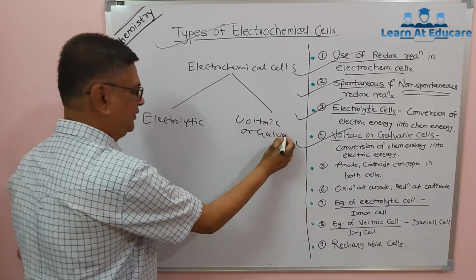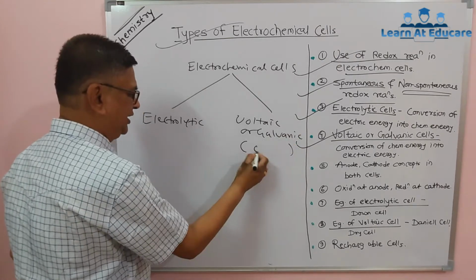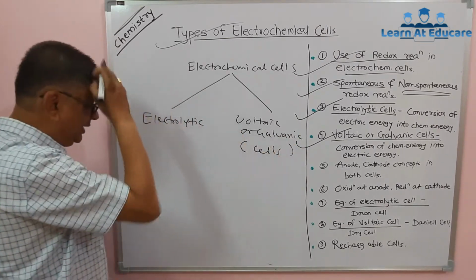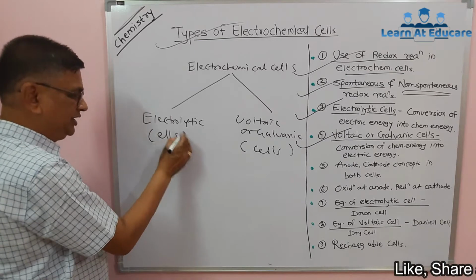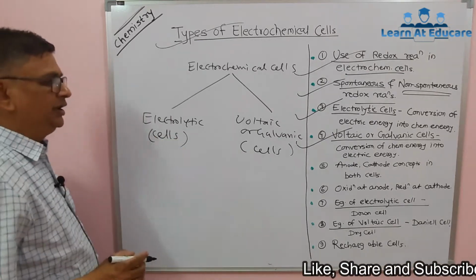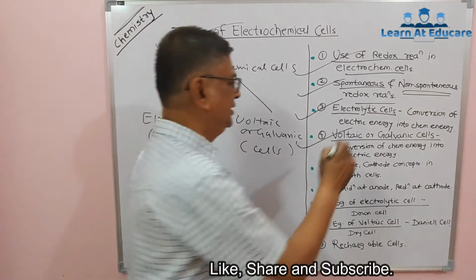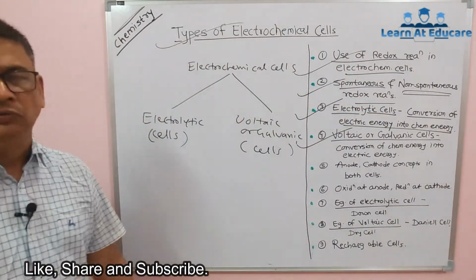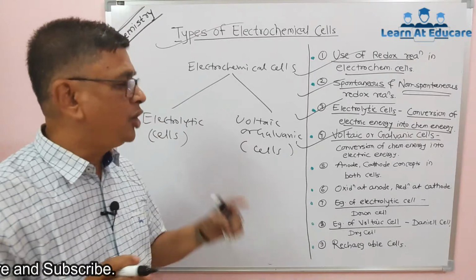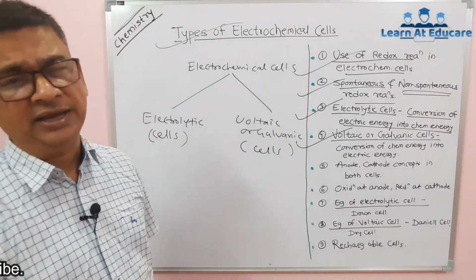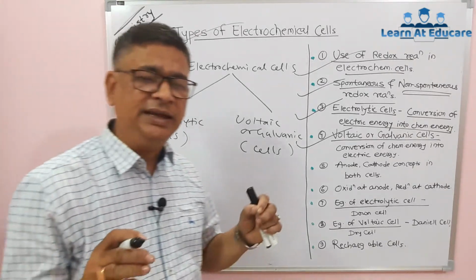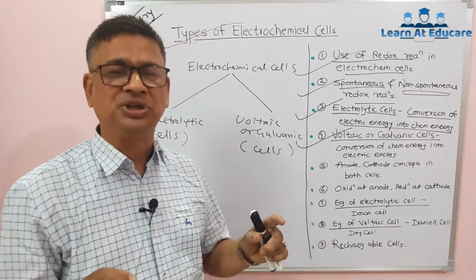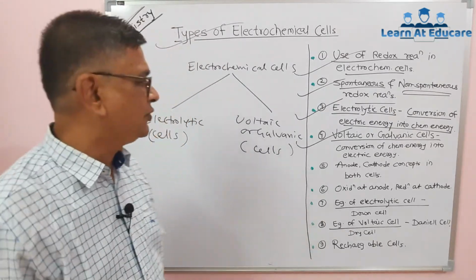Voltaic or galvanic are related to scientists' names, Volta and Galvani. These two types of cells are there. In the case of an electrolytic cell, it is the conversion of electric energy into chemical energy with the help of a non-spontaneous redox reaction, and the process is known as electrolysis.